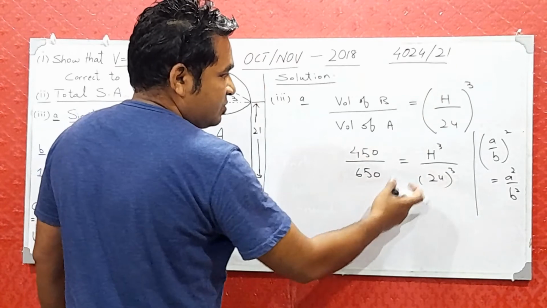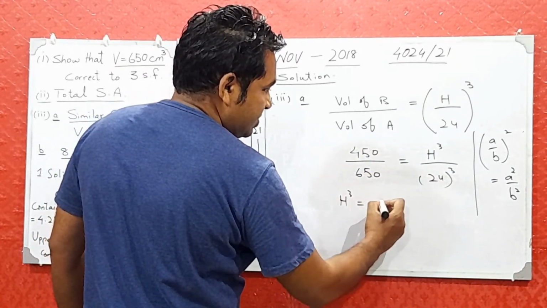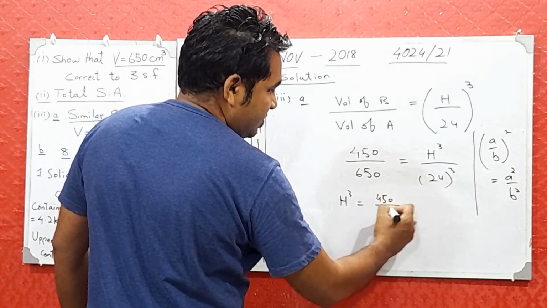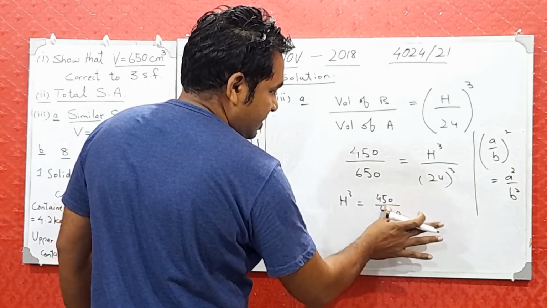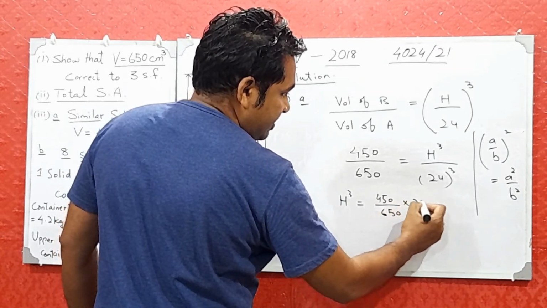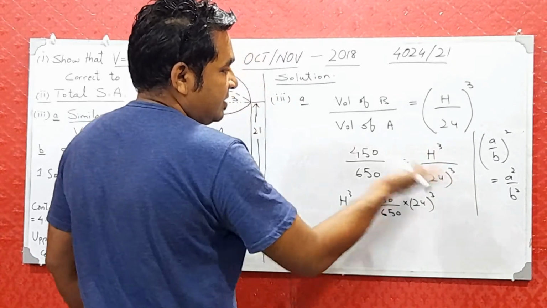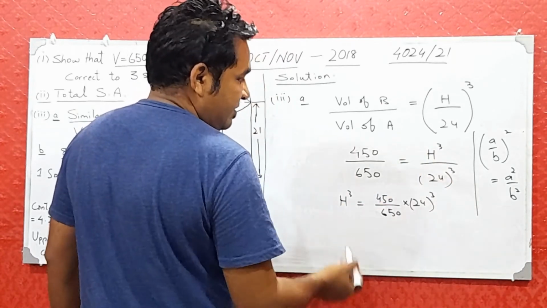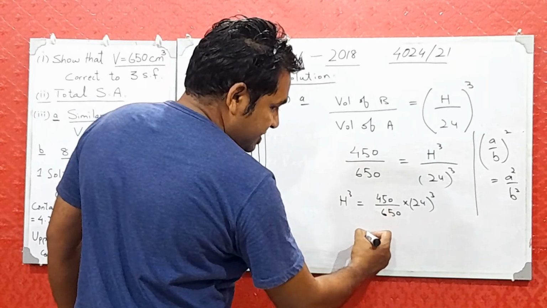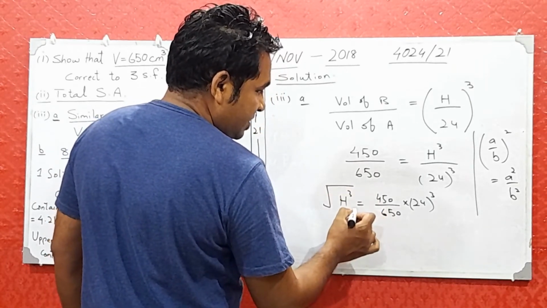Now shift this 24 cubed to this side, and it will become h cubed equals 450 over 650 times 24 cubed, because it was dividing h cubed, so when it goes to the other side, it will multiply. Now simplify it, and then you are supposed to take the cube root.